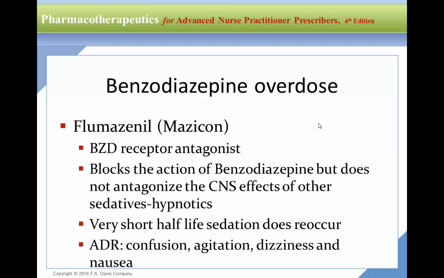So of course the patient will be waking up. They would be waking up agitated and confused. Very, very short half-life.